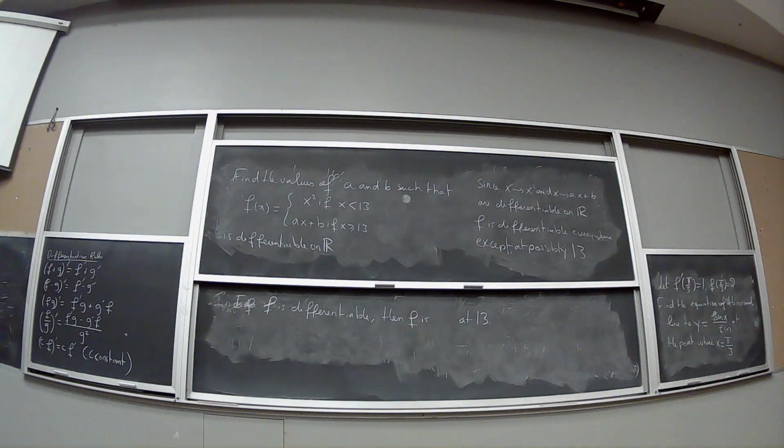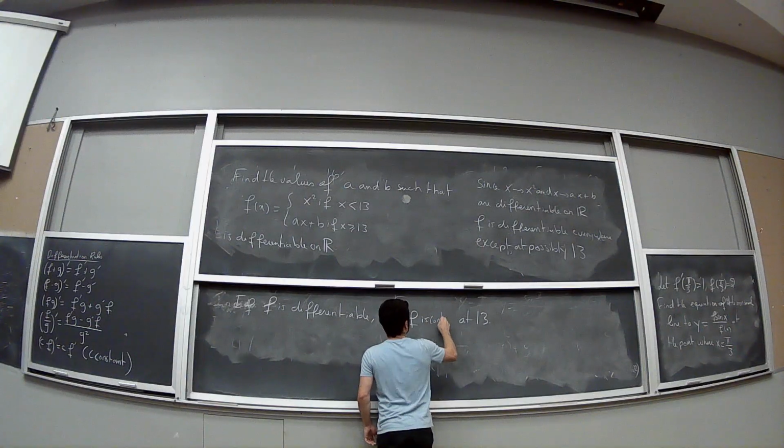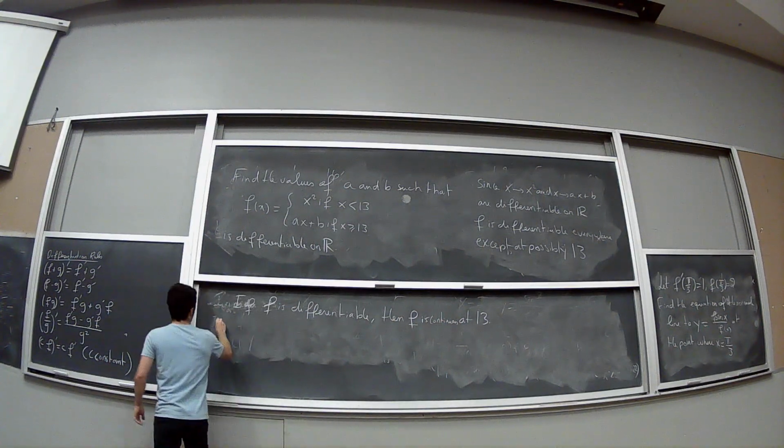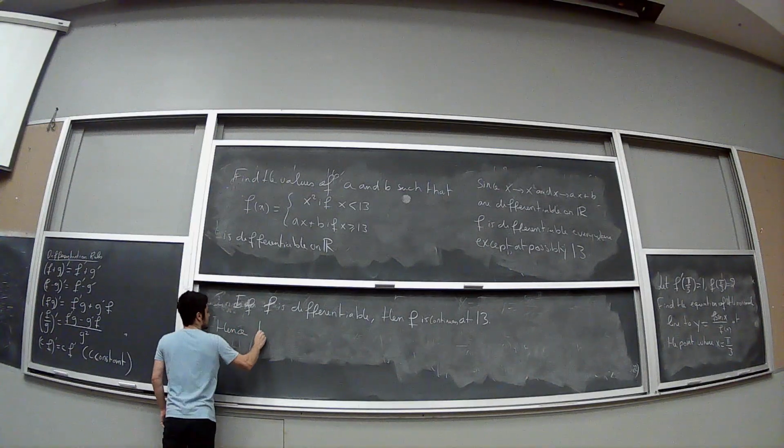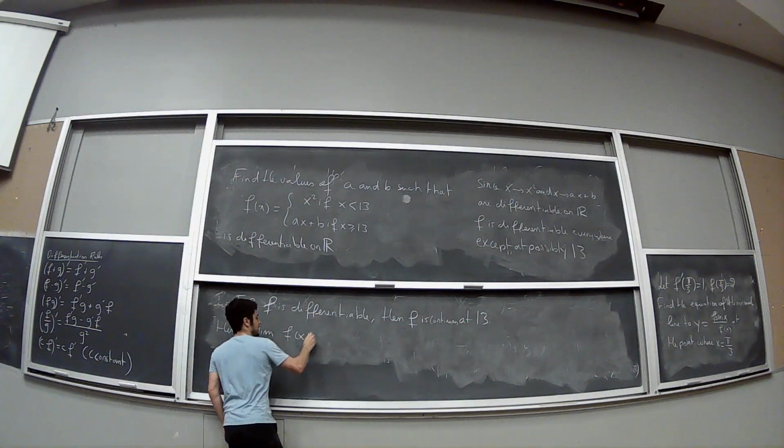If I have a function that is differentiable at 13, what can I say about it? Yeah? It's continuous at 13, right? It's continuous at 13. Hence, the limit as x goes to 13 of f of x.